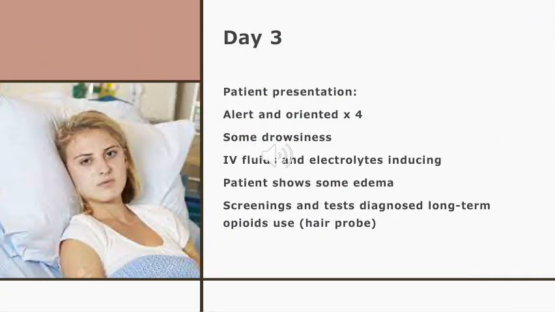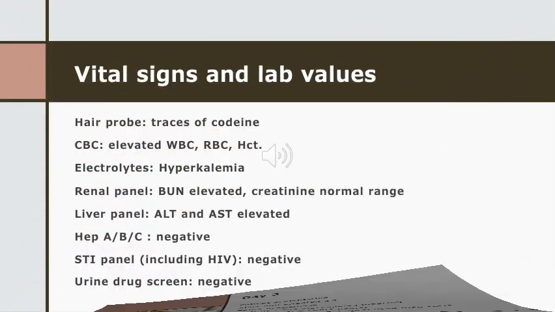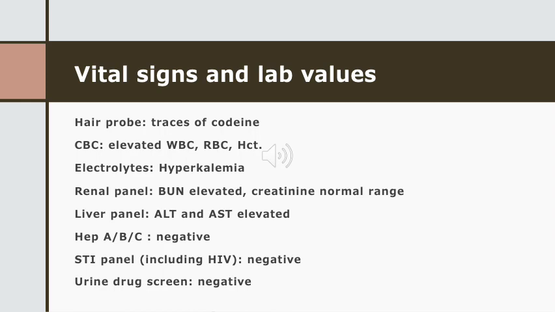Day 3, patient presentation. Patient is alert and oriented times 4, some drowsiness, IV fluids and electrolytes infusing. Patient shows some edema. Screenings and tests diagnose long-term opioid use via hair probe. Vital signs and lab values.